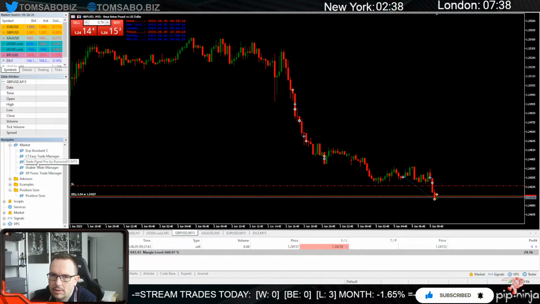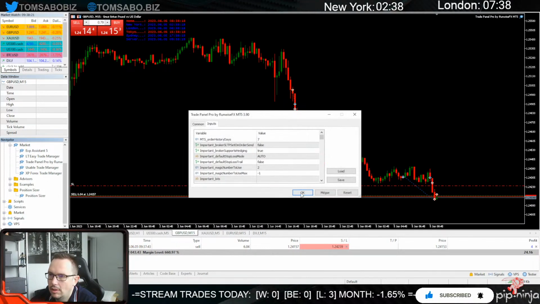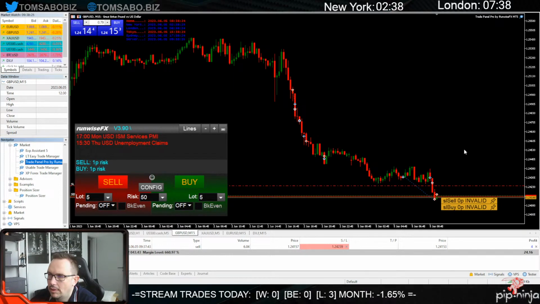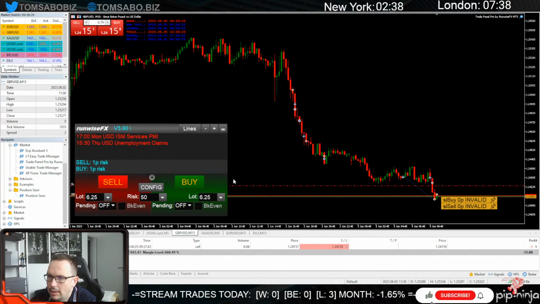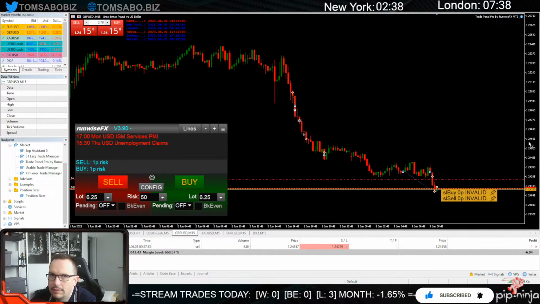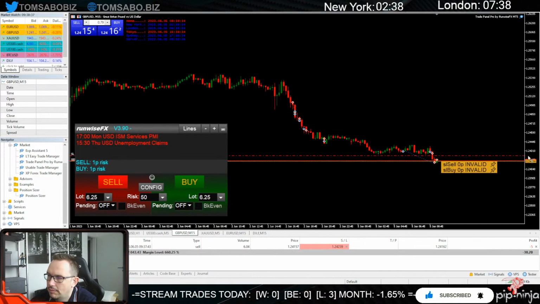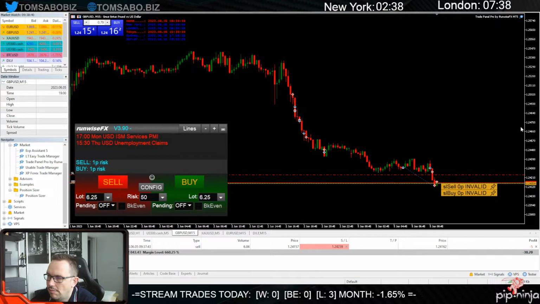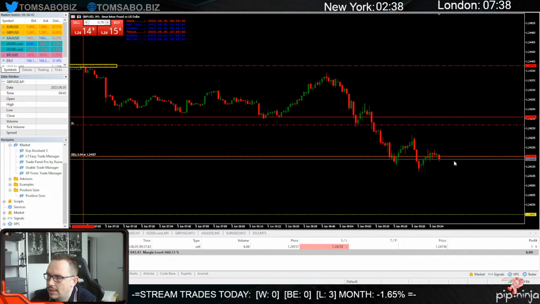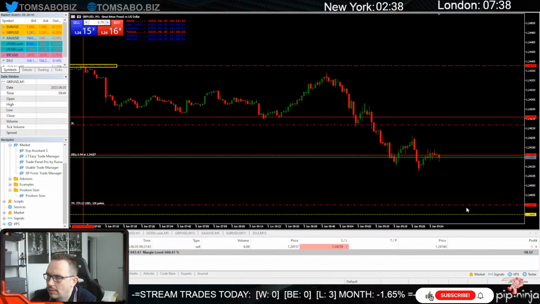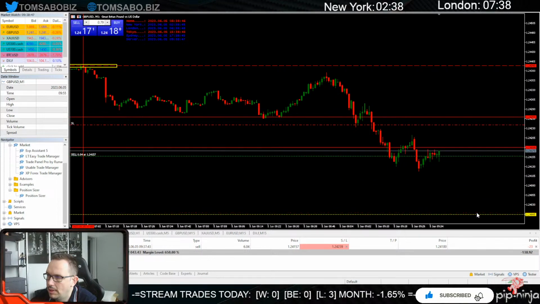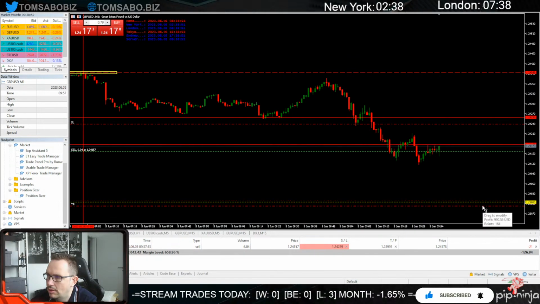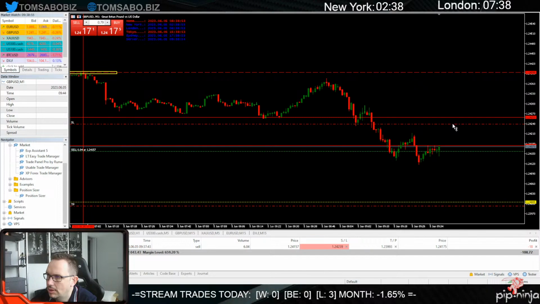Let's remove this trade panel. Interesting. It did not detect it. I thought that it's going to detect it, but it didn't. I was curious if it sees it or not. Anyway, the final TP should be down there somewhere.